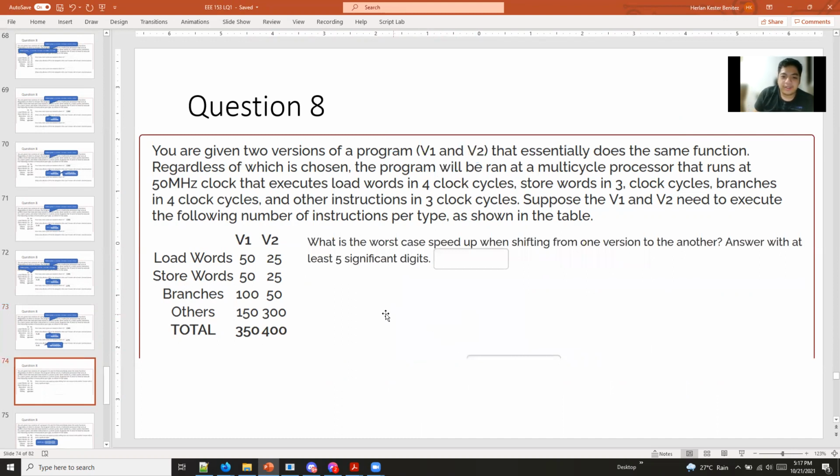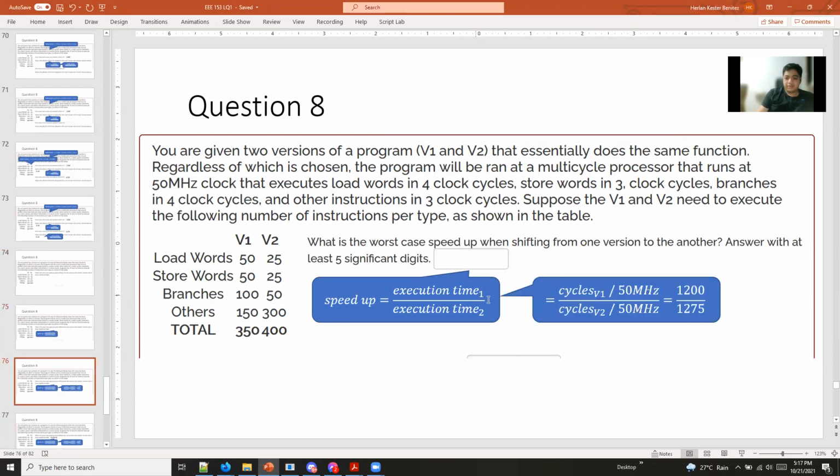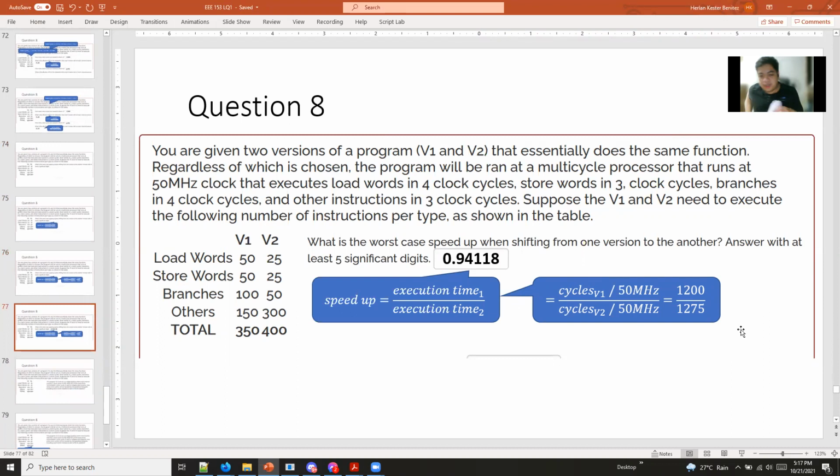Ayun. So what is the worst case speedup when shifting from one version to another? So basically, compare lang natin yung execution time nilang dalawa. So si execution time ng first one is yung cycles ni V1 over 50 megahertz, and then yung cycles ni V2 over 50 megahertz. So 1200 over 1275, which is 0.94118.